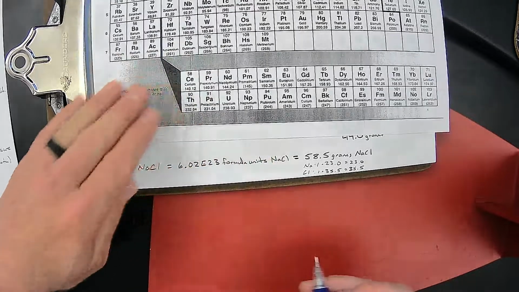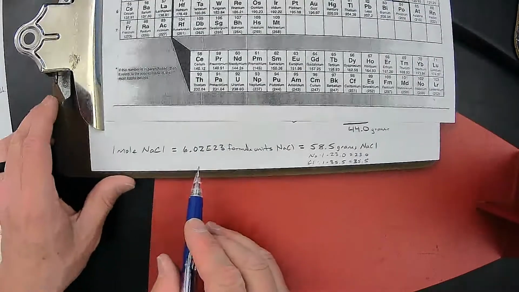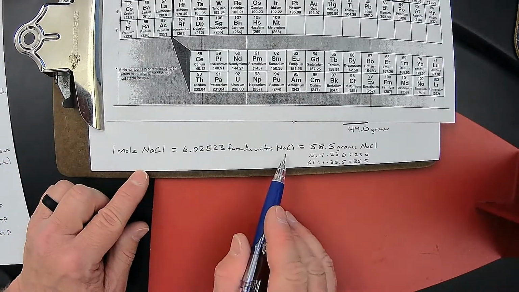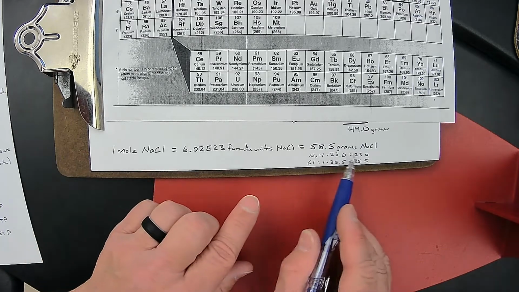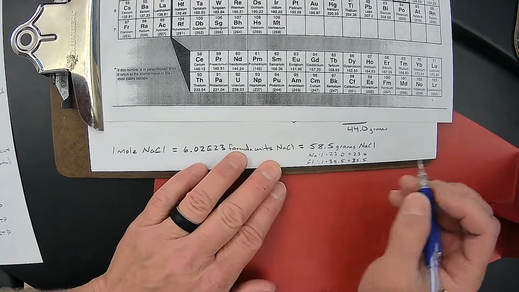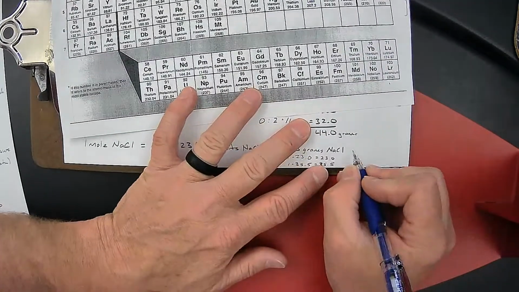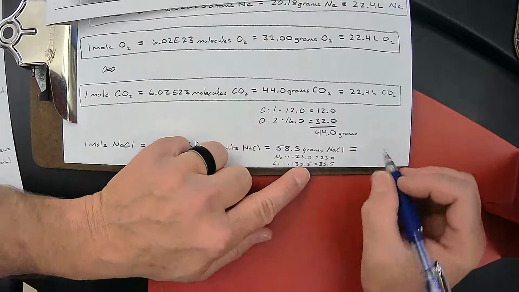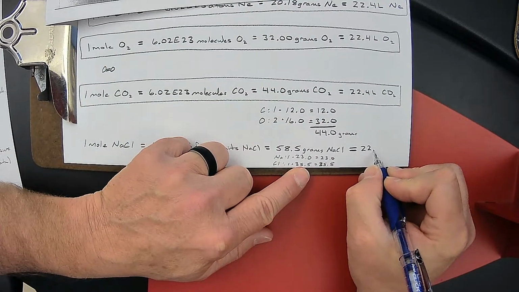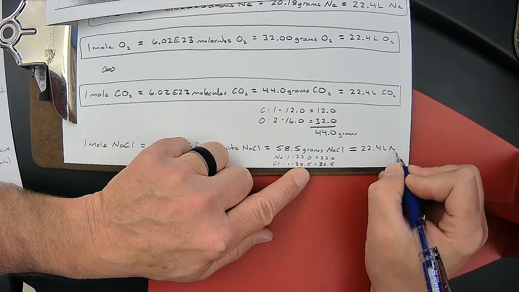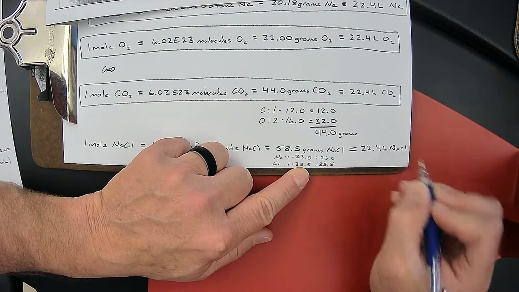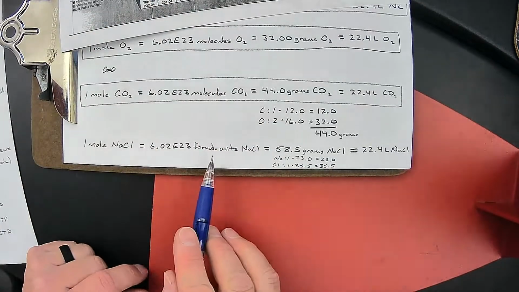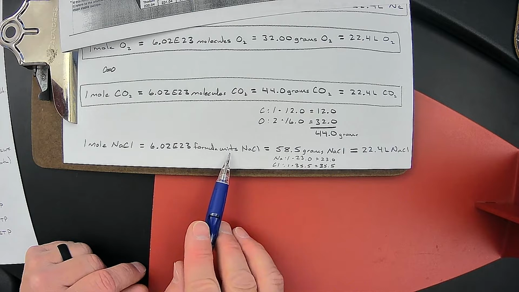Then, 1 mole of NaCl is equal to that many formula units of NaCl, which is equal to that mass in grams of NaCl. Then the question becomes, is it okay to put equals 22.4 liters of NaCl? Well, what do we know about NaCl? We know it's an ionic compound.